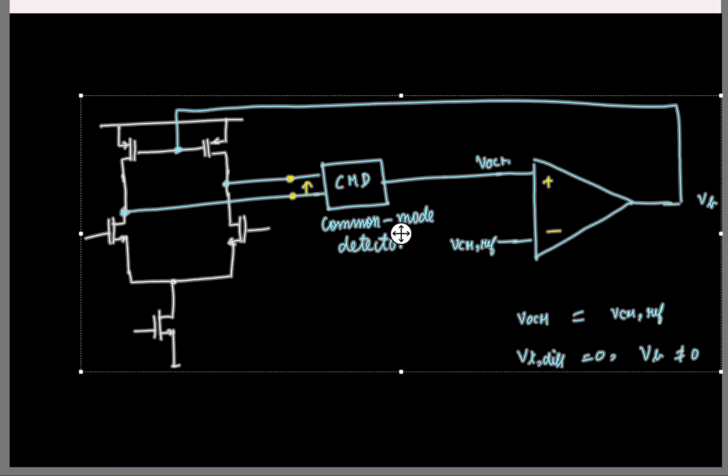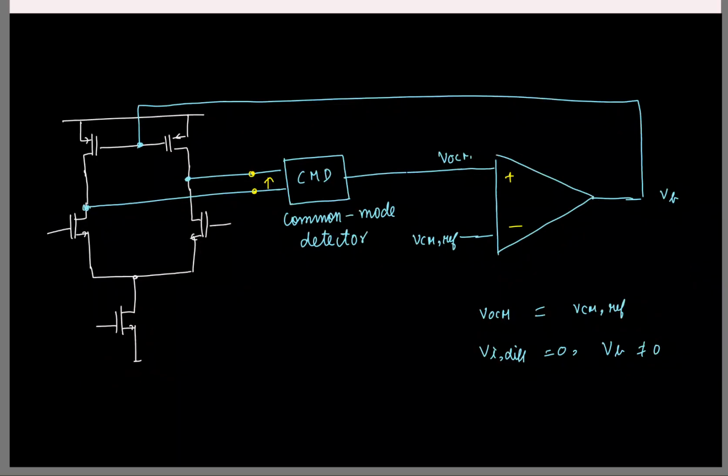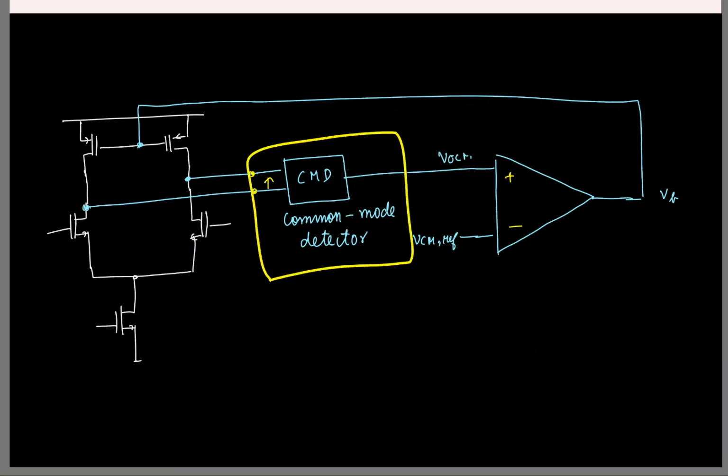Okay, so let me take it to the next page. Cool. So now let us see how we are going to implement these. Firstly, this common mode detector is taking just the average of the two outputs. What is the simplest way in which you can take the average of two voltages? So I have two voltages, say VOP and VOM.